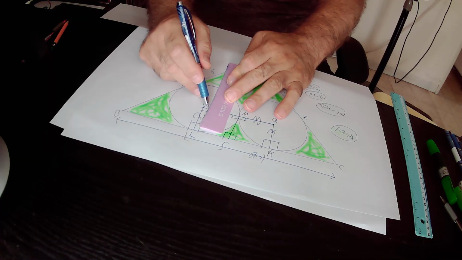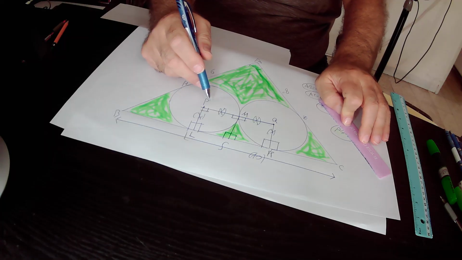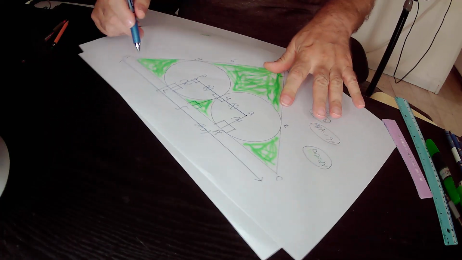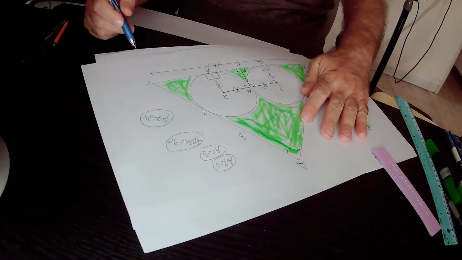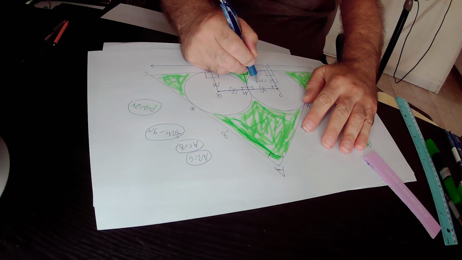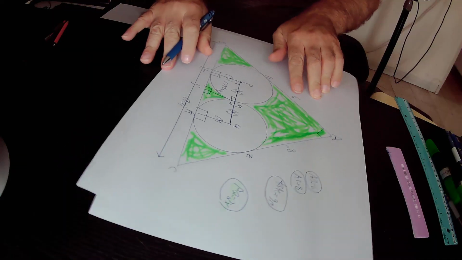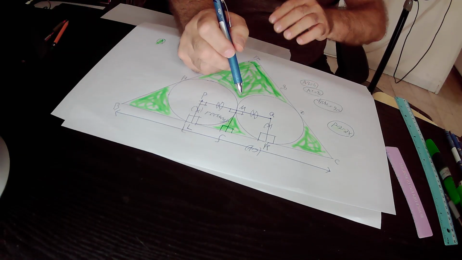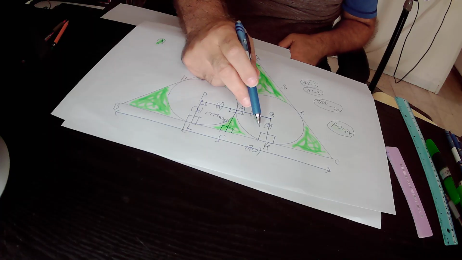So in quadrilateral PLSM, we have 4 right angles, and therefore, according to rule 5, it is a rectangle. Likewise, in the small quadrilateral MQKS, we have 1, 2, 3 right angles.